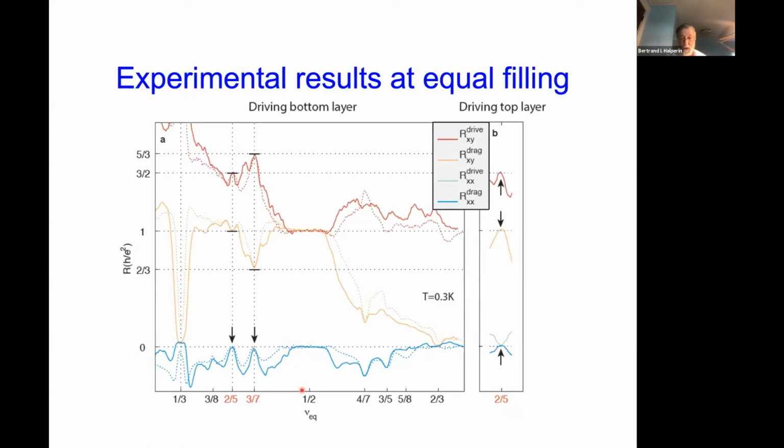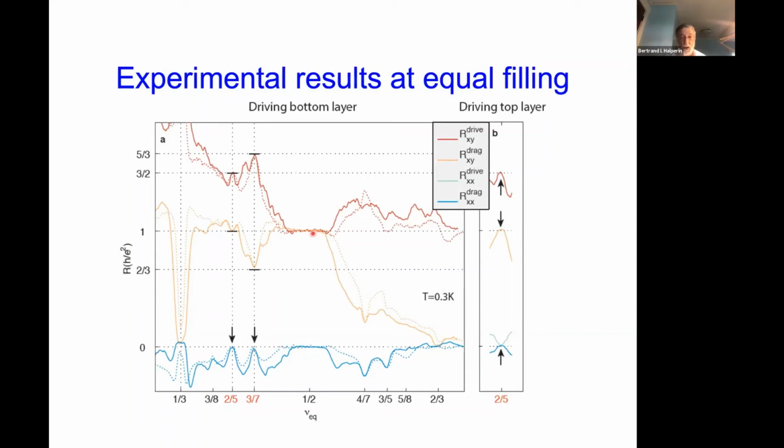The layer filling. So here's 1/2, 1/2. We see a big plateau, the red curve. So this is the Hall, the longitudinal drag, it vanishes. And the orange and red curve, the red curve is the drive Hall resistance, and here's the drag Hall resistance.